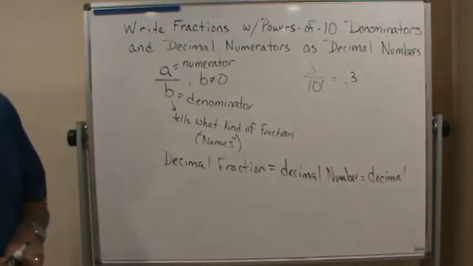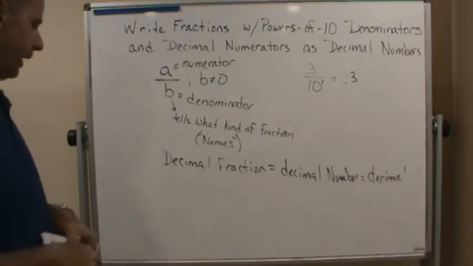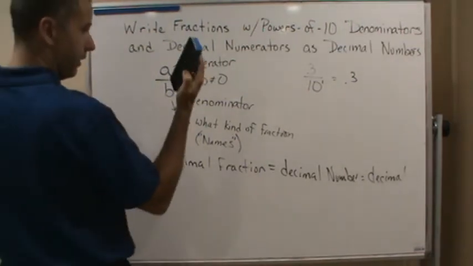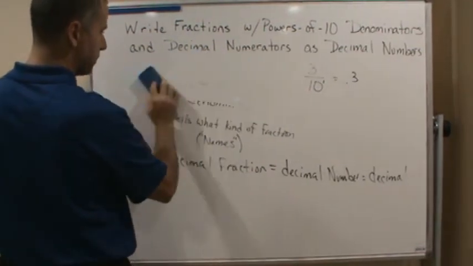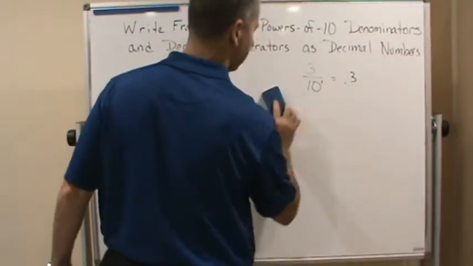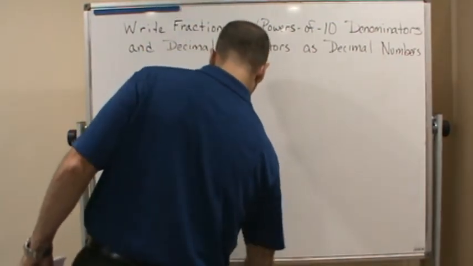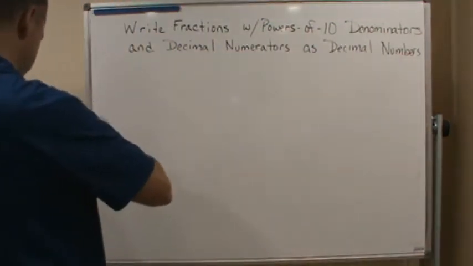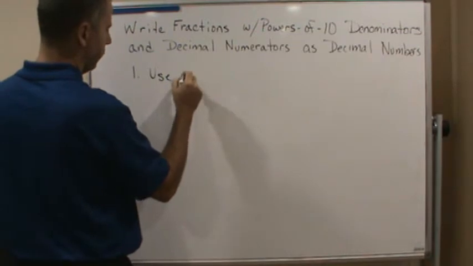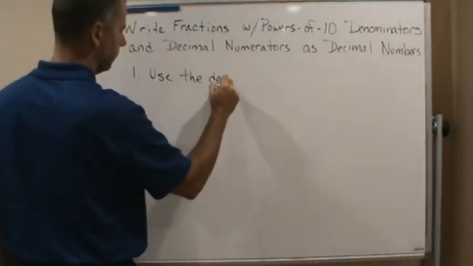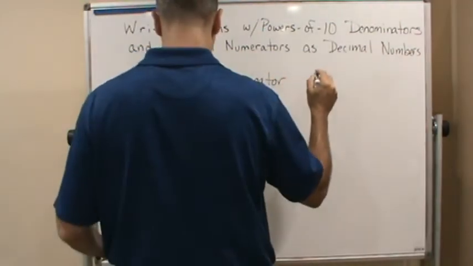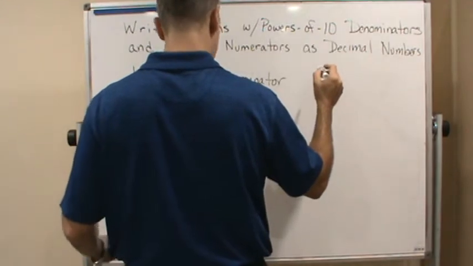Now, if we have a power of 10 as the denominator, it makes this very easy. So there's a very simple three-step process to take any fraction like this and write it as a decimal number or a decimal fraction. The first thing we do is use the denominator to find the number of decimal places we have to move.